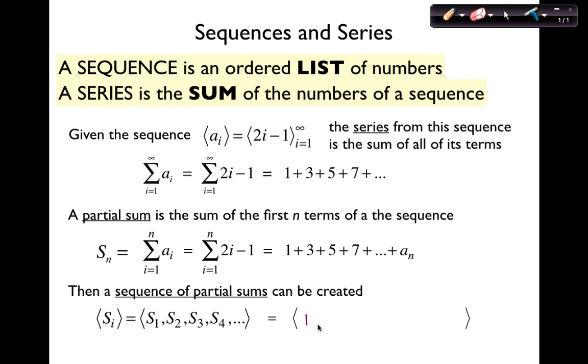Then S2. What is S2? Is it 3? 4. 4 means add the first two together. And what is S3? 9. Add the first 3 together. Then S4, 16, etc.